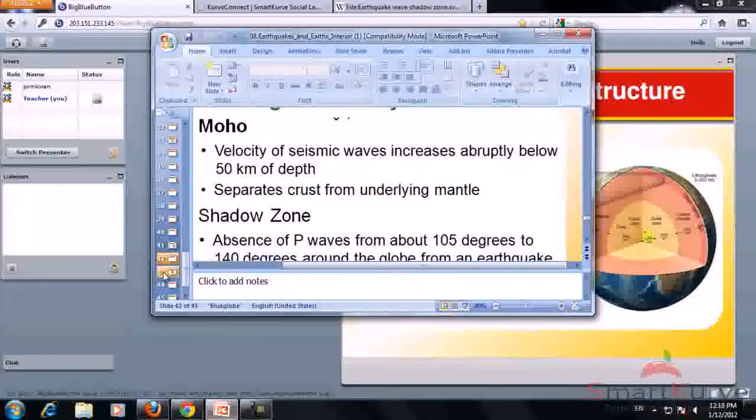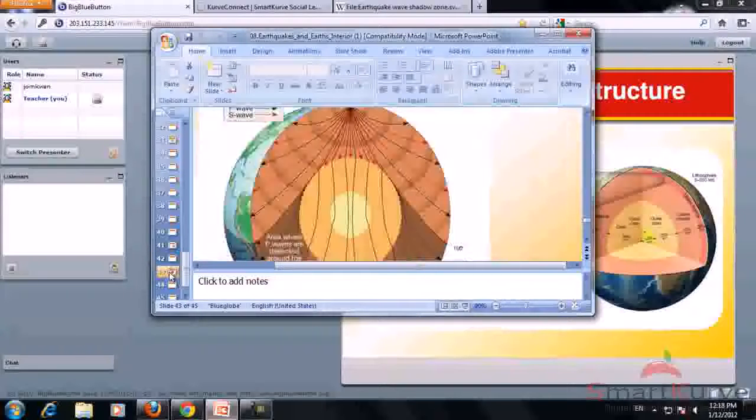If you look on slide 43, you can notice that when we have an earthquake, when we find the epicenter, there are certain areas of the Earth around 105 degrees to 140 degrees around the globe where we don't see any P waves.